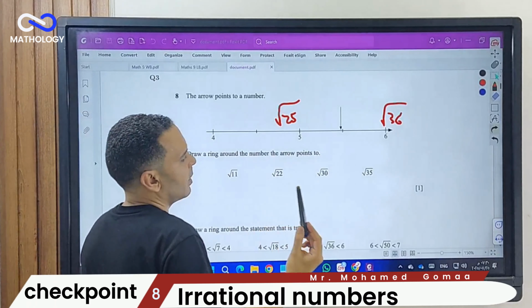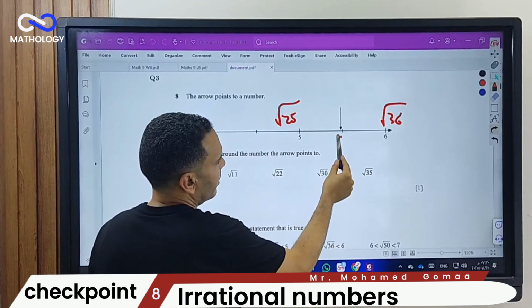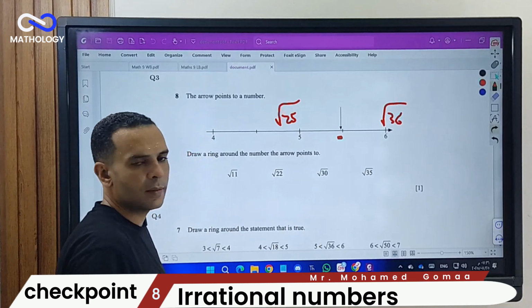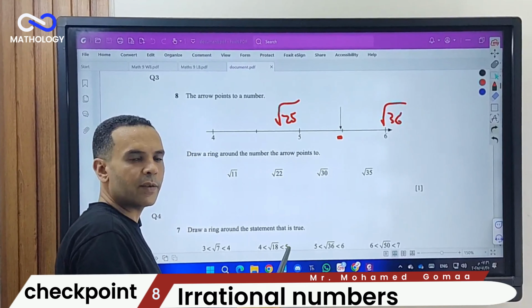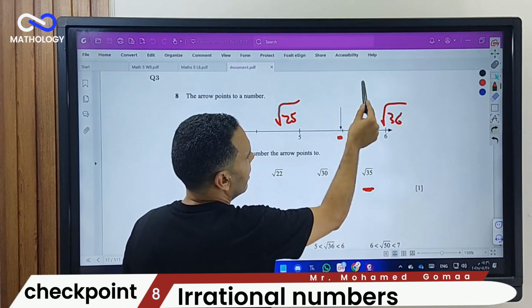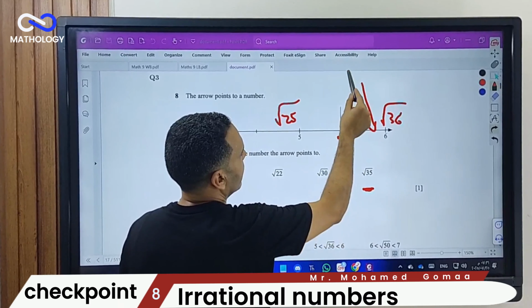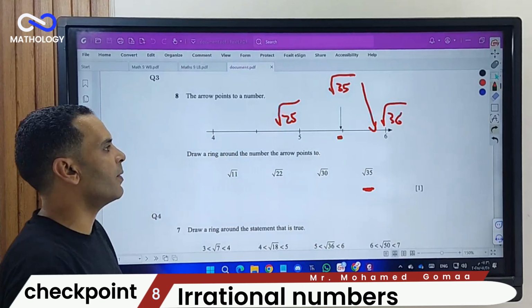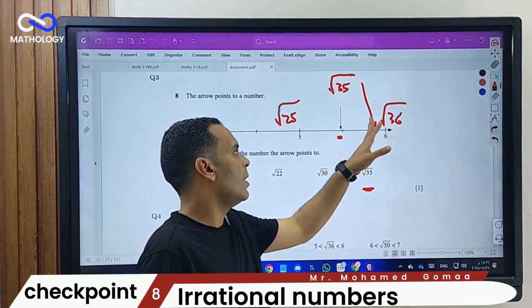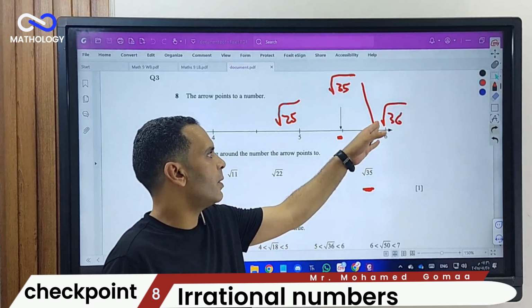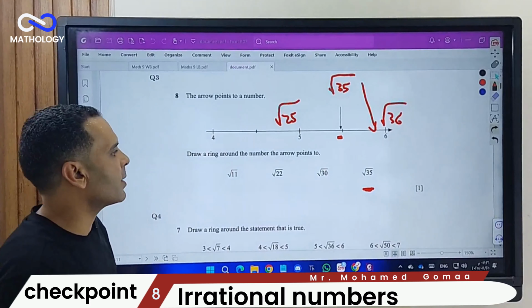And take care, this number is between 5 and 6, but before the middle way between 5 and 6. If you choose this number, the square root of 35 will lie here, directly before 6, or before the square root of 36.